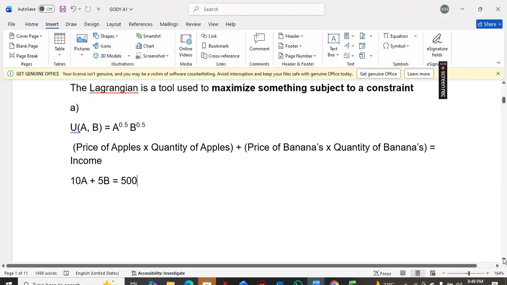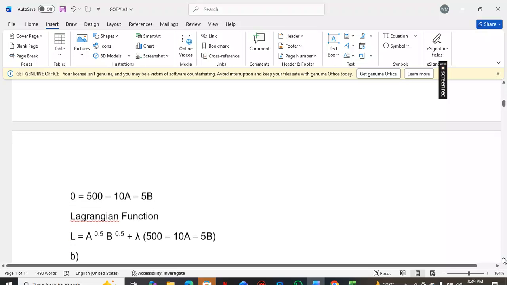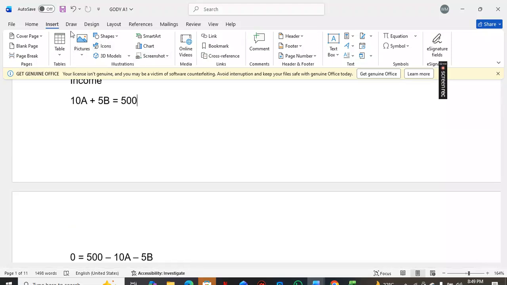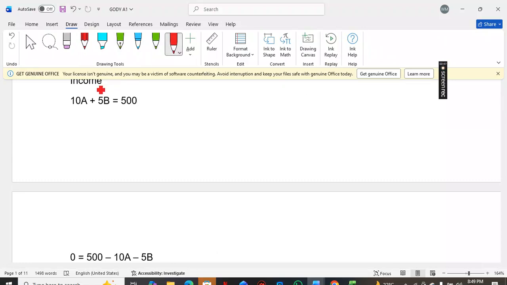This is how you write the Lagrangian function. The first thing you do before you write it is take your budget constraint equation and take this 10a to this side so that it becomes minus 10a, and this 5b to this side so it becomes minus 5b. You're going to see why once we start doing the differentiations.